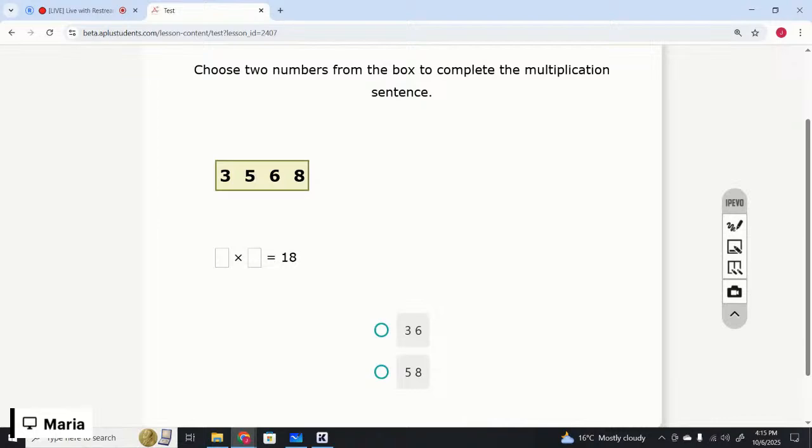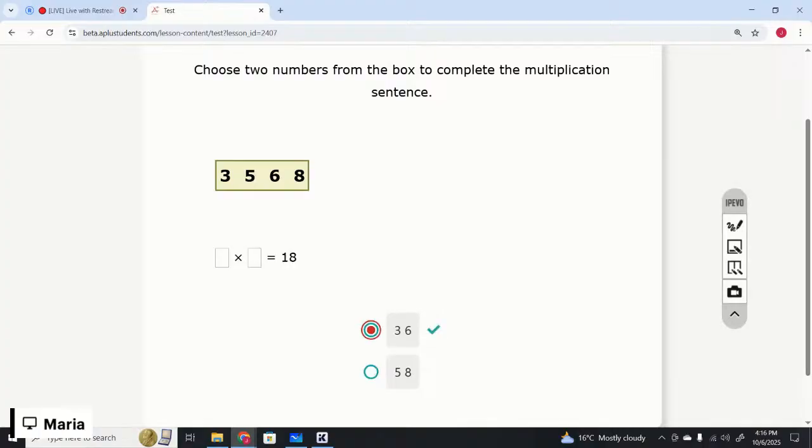Choose two numbers from the box to complete the multiplication sentence. So which two numbers have the product 18? That is 3 times 6 is 18.